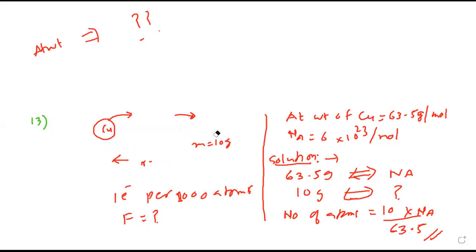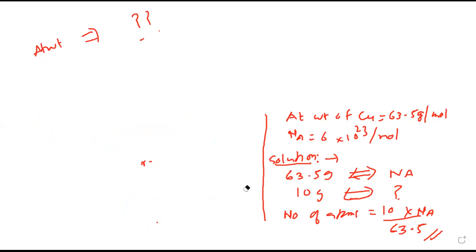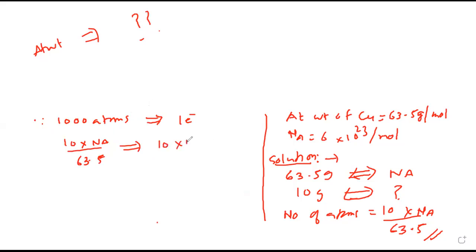Now, 1000 atoms means 1 electron. So this many atoms, how many electrons? Once I get that, my sum is solved. Then it becomes smooth, right? Very simple sum. So we can say now, since 1000 atoms corresponds to 1 electron, 10 into Avogadro number upon 63.5 corresponds to 10 into Na upon 63.5 divided by 1000.